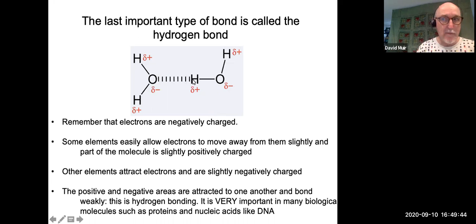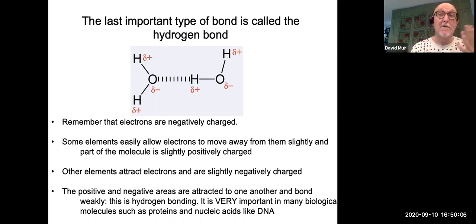But it is a bond, again, a bond of attraction between charges. It's not an ionic bond. It's just that this area of the molecule is slightly negatively charged. This area here is slightly positively charged. So they tend to be attracted to one another. And this hydrogen bonding is incredibly important in water because it gives water all of its properties. That is why water behaves the way it does.